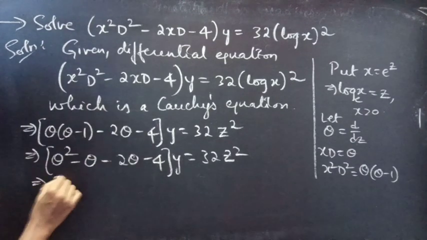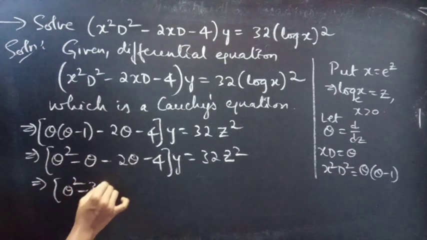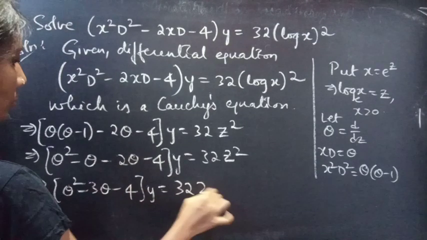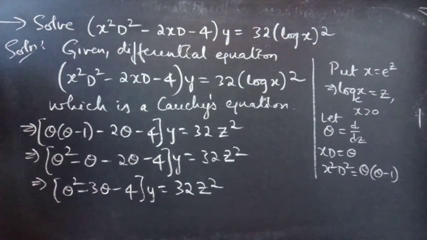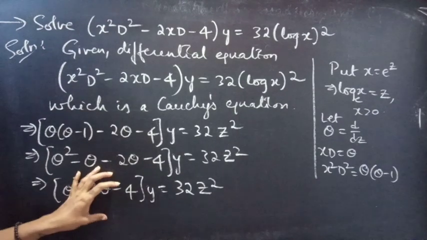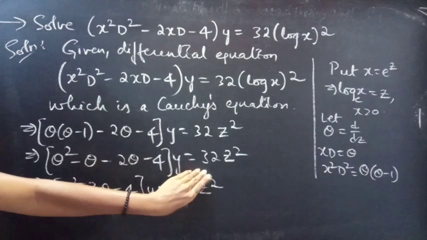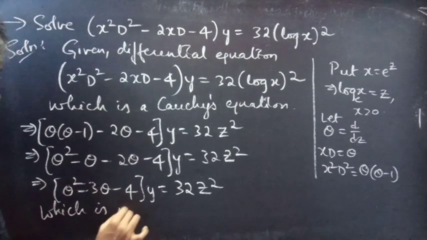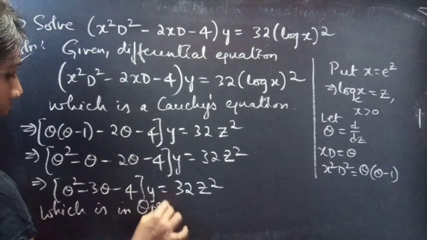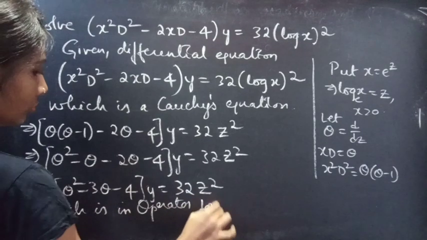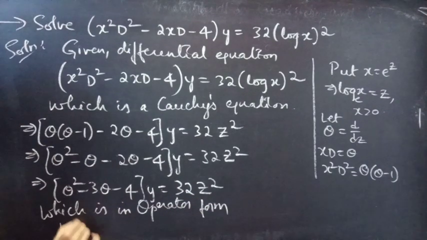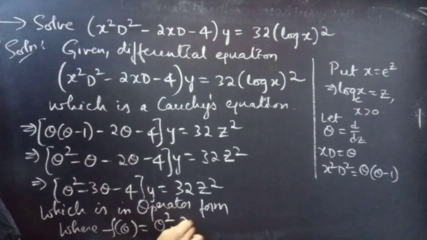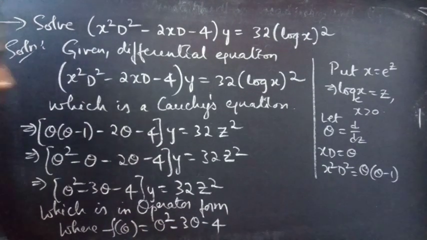Then this becomes (theta squared minus 3 theta minus 4) y equals 32 z squared, which is in operator form, right? F of theta into y equals some function of z, where f of theta equals theta squared minus 3 theta minus 4.